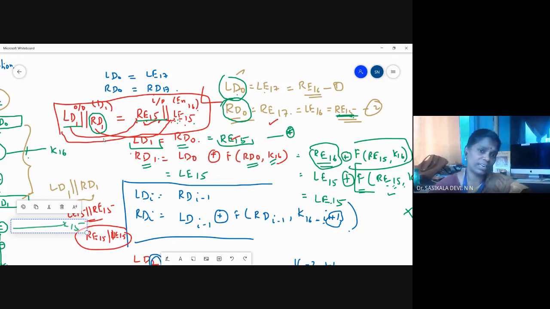Second round of decryption should undo the effect of the 15th round. What is the 15th round input? LE14 padded with RE14, but we are getting the swapped input. So LD2 padded with RD2 should be equal to LD14 padded with RE14. Just try to prove it.